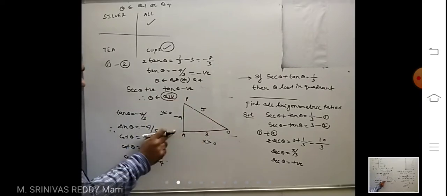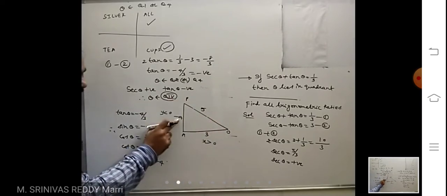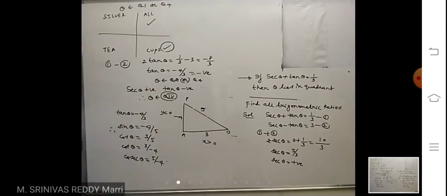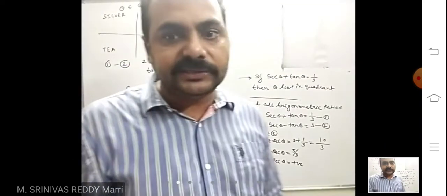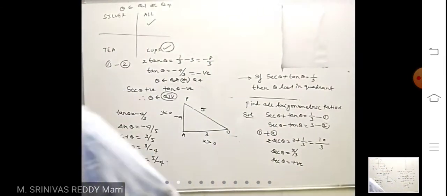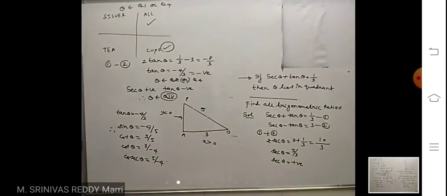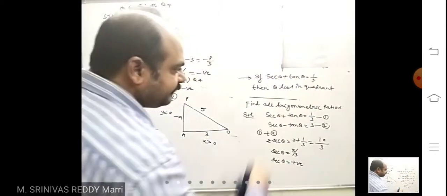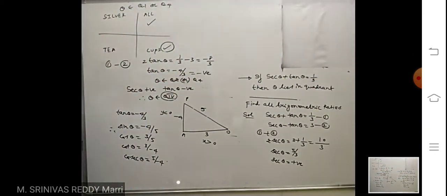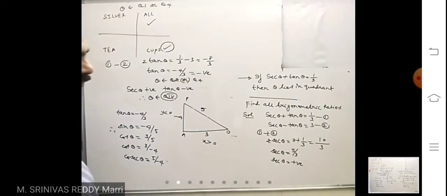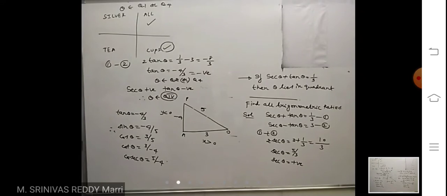Once you construct the triangle, you take this positive and this negative, and you can write the remaining trigonometric ratios. Like that, simple. Find one trigonometric ratio, then construct the triangle, and then find the remaining trigonometric ratios. Such type of relations will be given. Out of that, I have found two trigonometric ratios, then decided the quadrant.